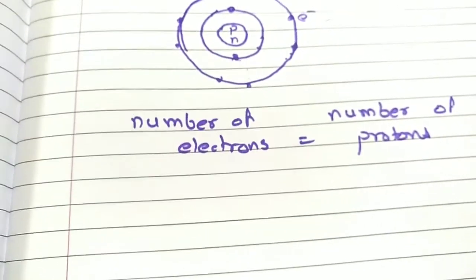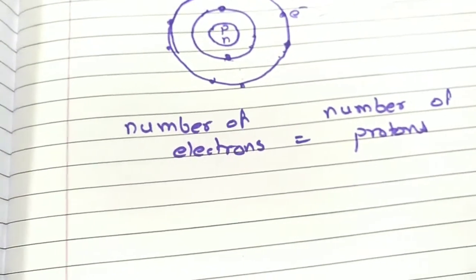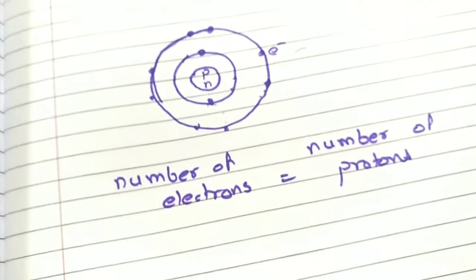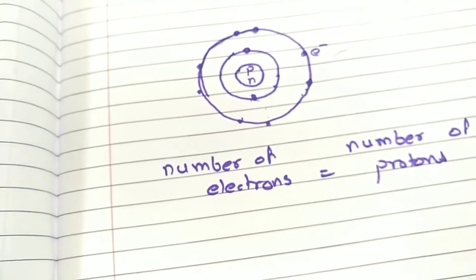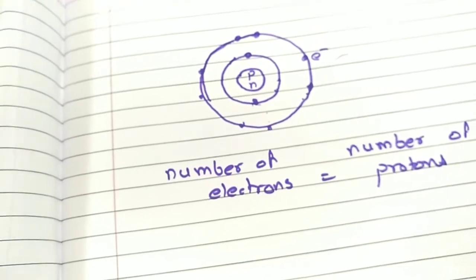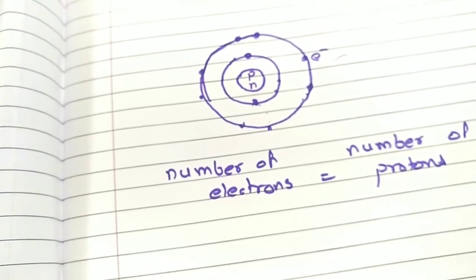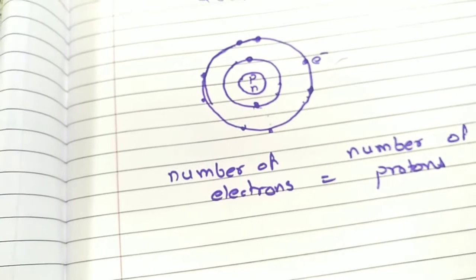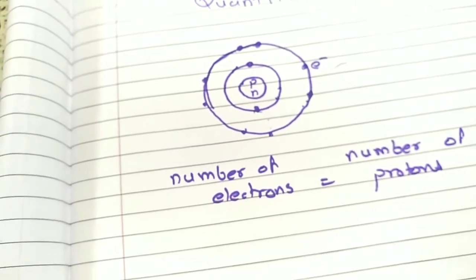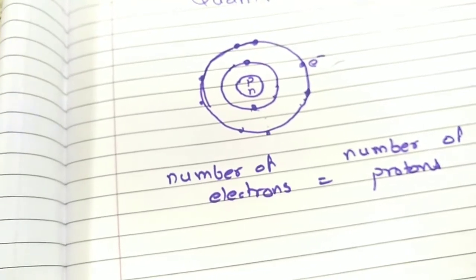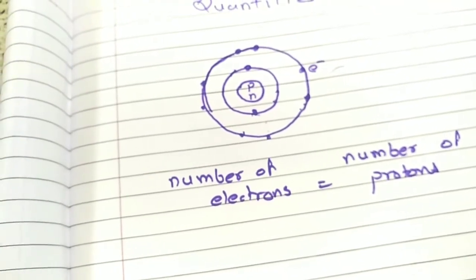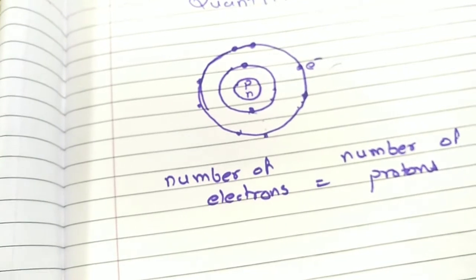Why is the atom electrically neutral? Because the number of negative charges on the electrons revolving around the nucleus equals the number of positive charges on the protons inside the nucleus.